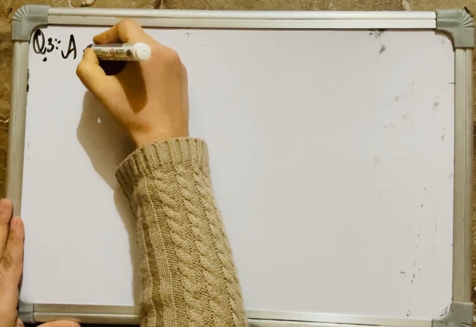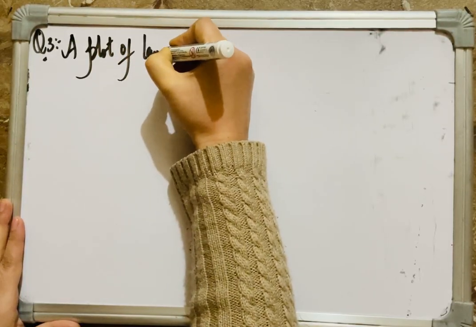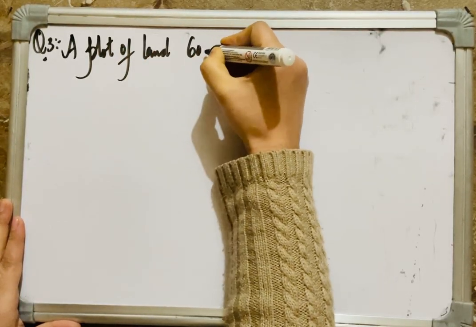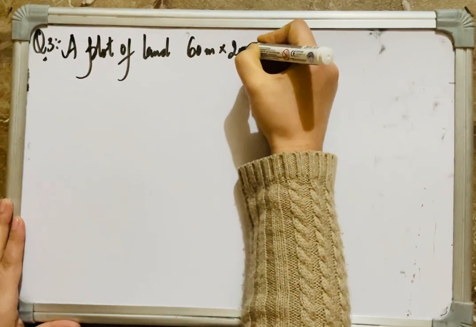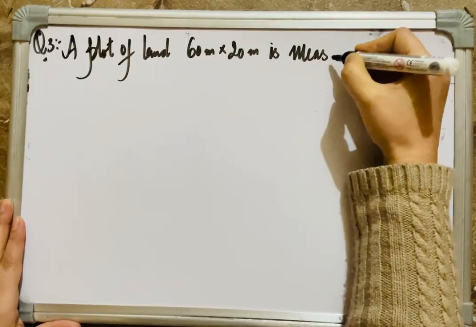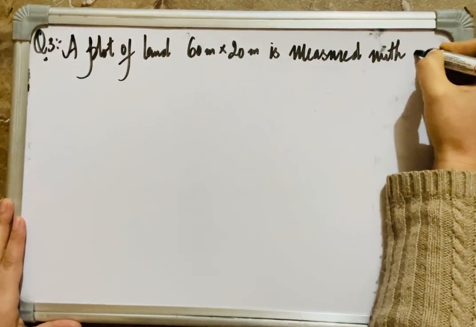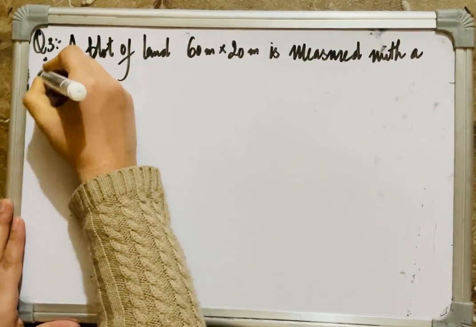a plot of land (60 meters cross 20 meters) is measured with a steel tape.